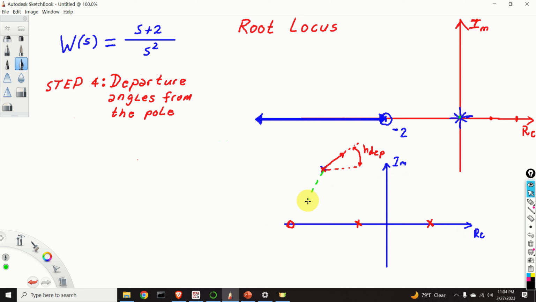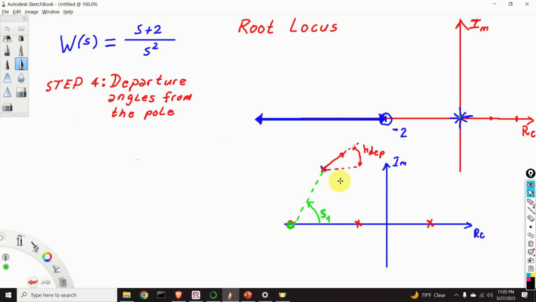This angle over here will be denoted by S, and I will introduce the index 1, since this is the first zero. If you have another zero, the angle will be S2.